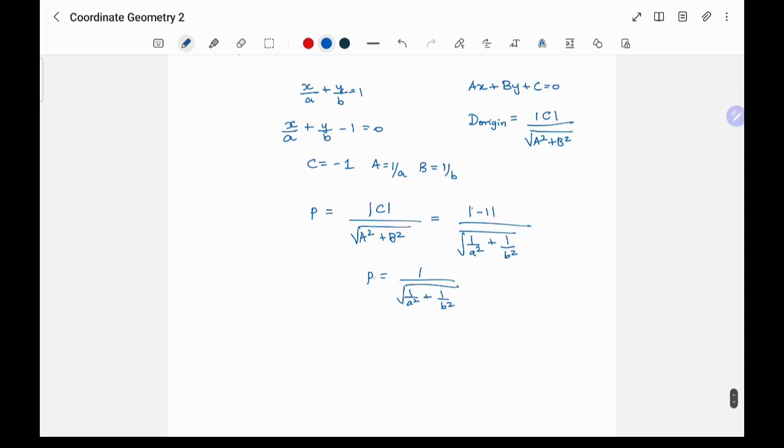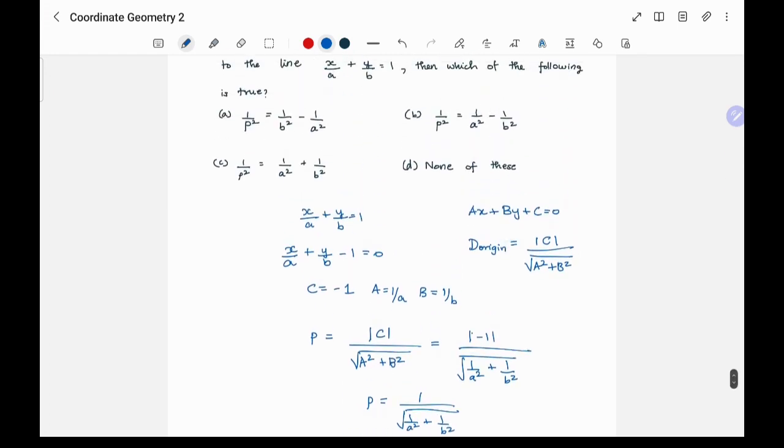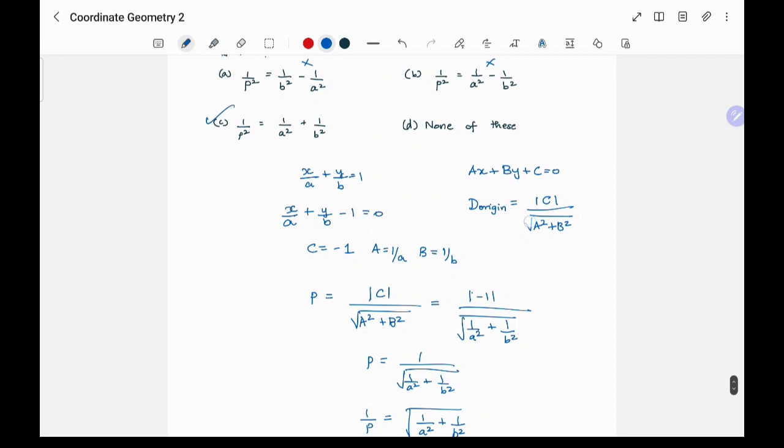So if you take reciprocal on both sides, we have 1 by p is equal to root of 1 by a square plus 1 by b square. If you take square, 1 by p square is equal to 1 by a square plus 1 by b square. This is what we get. So let's check the options. There is no negative sign here. So this is what we got, right? So option C is the right answer.